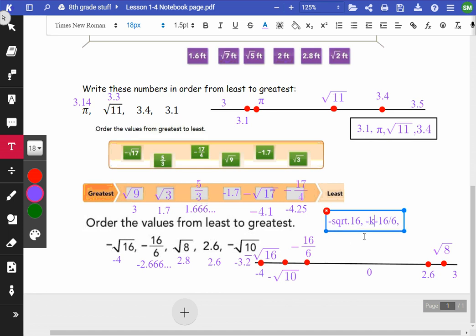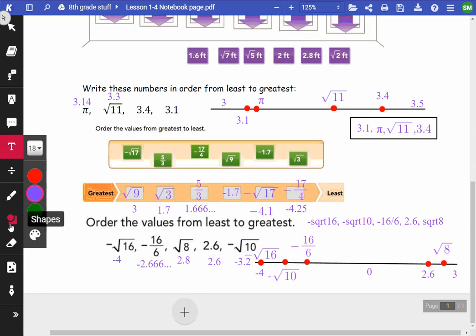So negative square root SQRT 10. And it turns out I shouldn't put a period there either, because then it makes me think it means the square root of 0.16. So SQRT 10, comma, negative 16 over 6. There we go. Then my next is 2.6, comma, space, and square root SQRT 8. Square root of 8. And there's my answer.